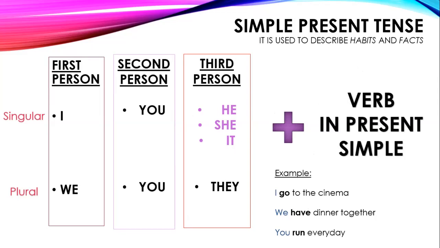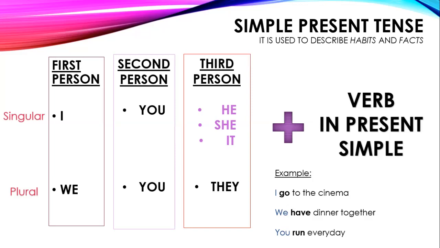And then after the subjects, you put the verb in present simple to create the phrase, okay, to describe your habits and routines. So first the person, then the verb. For example, I go to the cinema. We have dinner together.